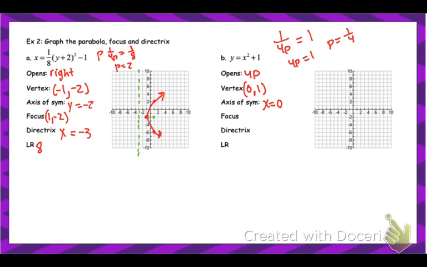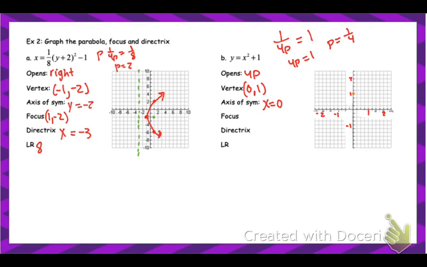In order to see this a little bit better, I'm going to change these values just to make it a little more clear where our focus is and where our directrix is. I'm going to say every mark is basically 0.25. That'll make this a little easier to graph. My vertex is at (0, 1).